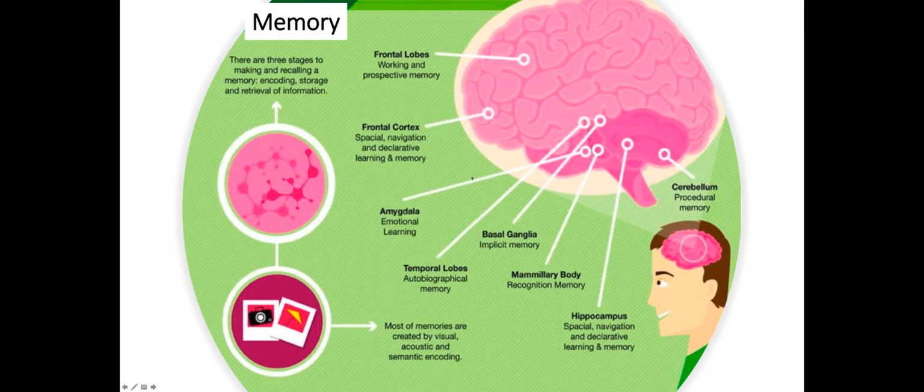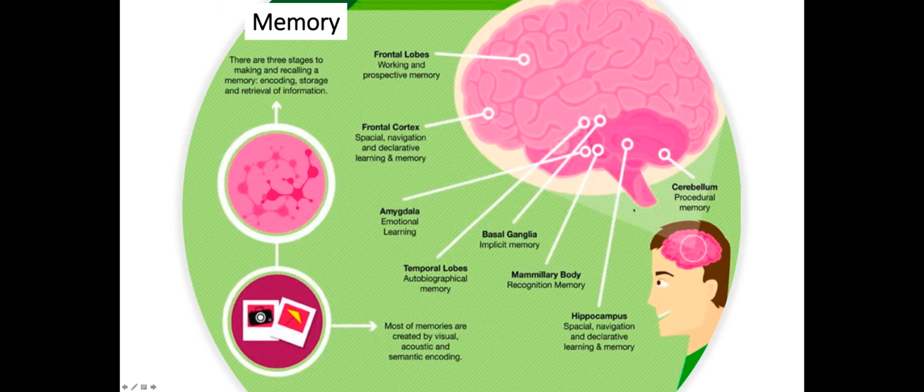Our amygdala is our emotional centre of the brain, right in the middle of our brain, and that is to do with our emotional learning. Our temporal lobes, a lot of it to do with our memory, and our hearing as well as autobiographical memory. So there are many different parts of our brain that are to do with different types of memory.